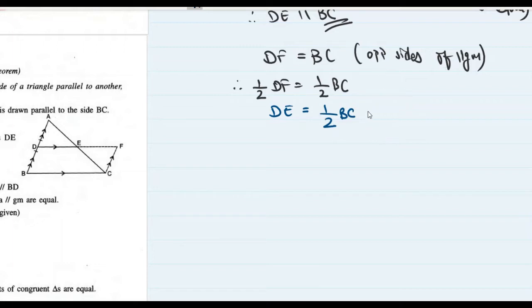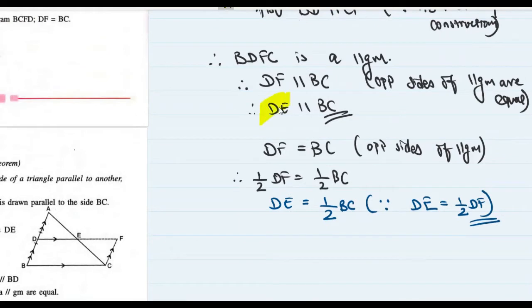ठीक है. अच्छा, तो ये क्या हो जाएगा? DE is equal to half of DF. ठीक है. तो ये मैंने दो चीजें प्रूव कर दी, that DE is parallel to BC and DE is half of BC.